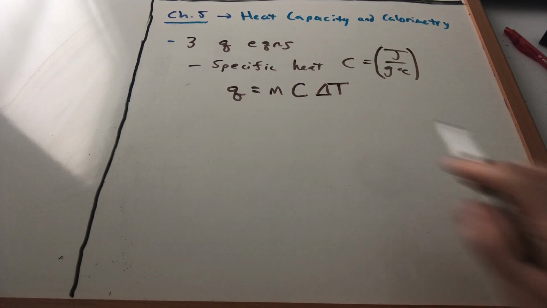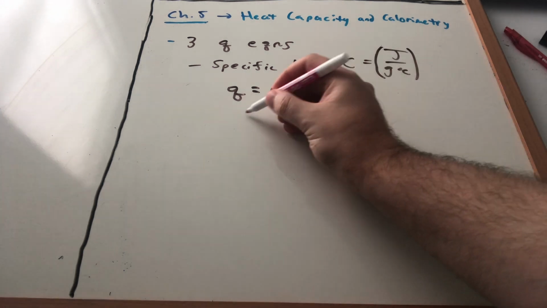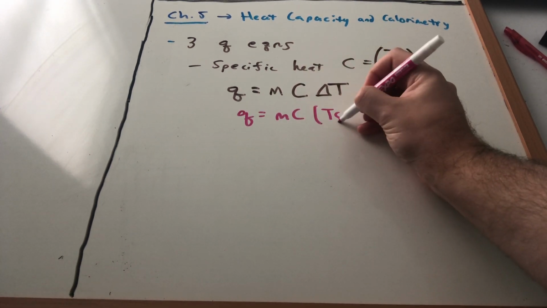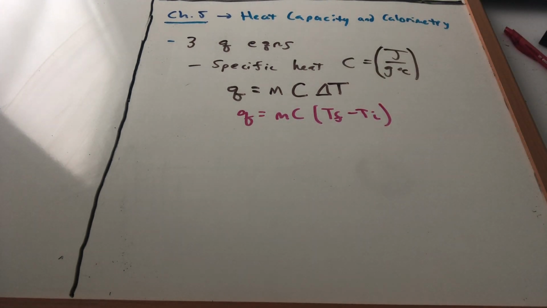A change in temperature is a final temperature minus an initial temperature. Whenever we see a delta, that stands for change, a final value minus an initial value.